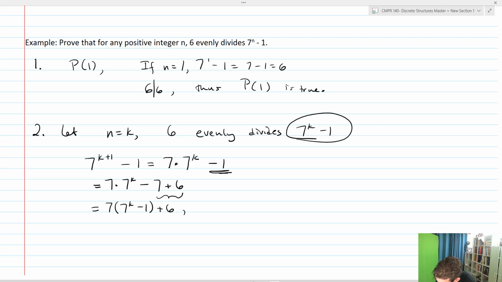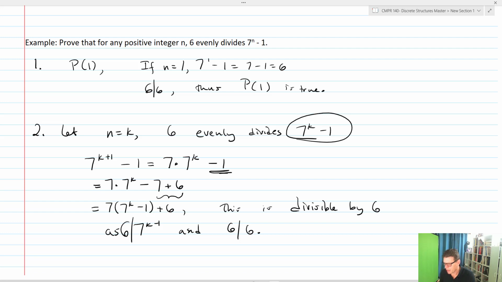Now, this is divisible by 6, as 6 divides 7 to the k minus 1, and 6 divides 6. Basically, I just added two things that are divisible by 6, and if you add two things that are divisible by 6, their sum is going to be divisible by 6.